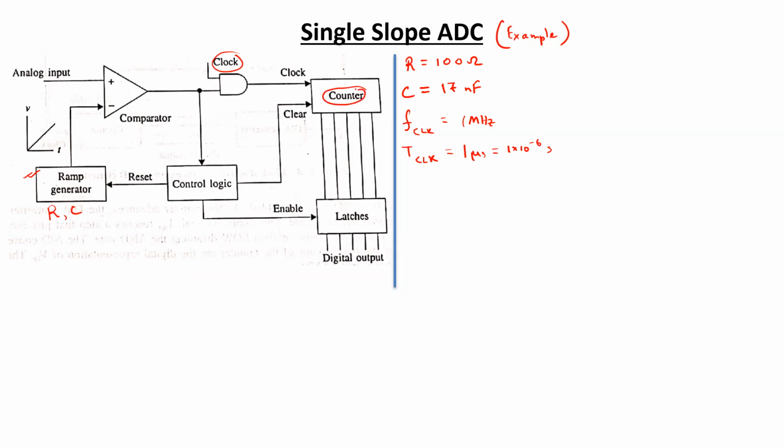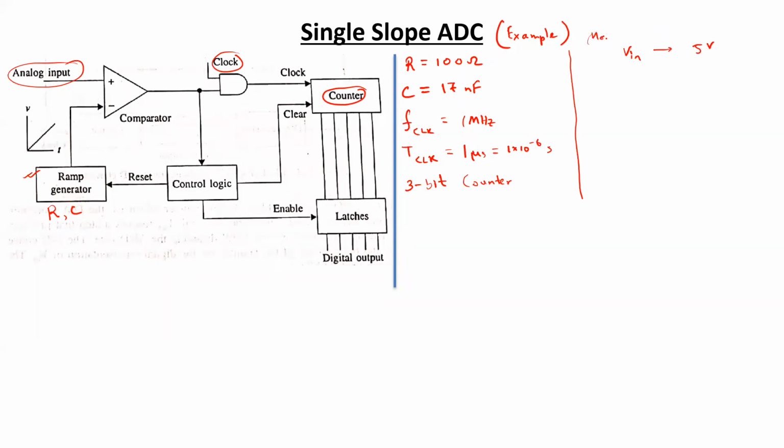For the counter, for this example, let's assume the counter is a 3-bit counter. And using these values that are available to us, we want to measure input analog voltage up to a maximum limit of 5 volts.